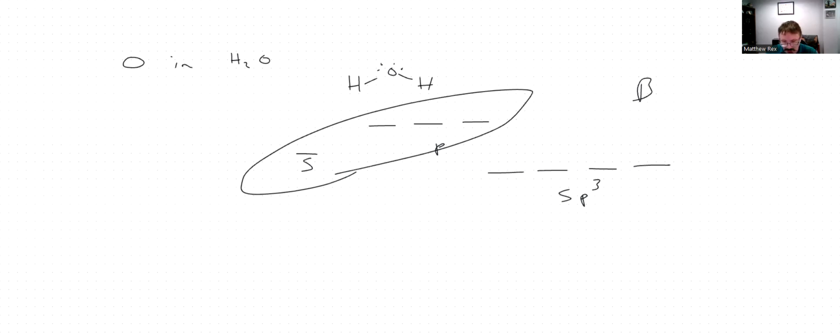Two, how many of the following molecules are polar? We have BrF3, CS2, CF4, and NH3. BrF3, let's see, that's going to have 28 electrons.